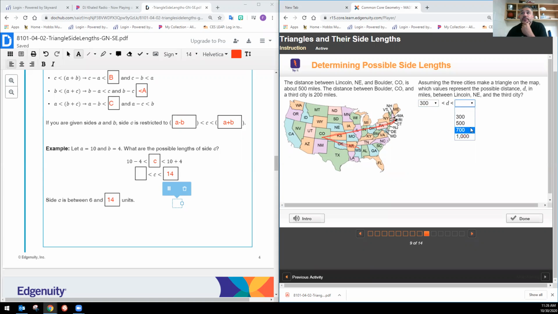And when you add them together, which is A plus B. Okay, so let's try this again. The three cities make up a triangle. Lincoln and Boulder would be A and B.